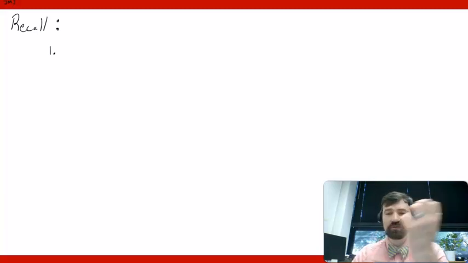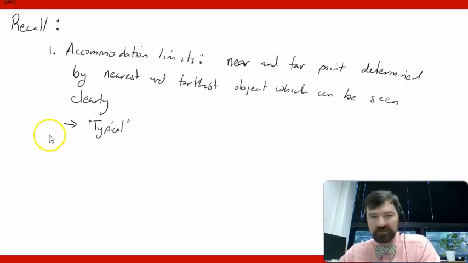So to do that, we can begin with a little review. Recall a few key points from the previous lecture about accommodation. First, accommodation gives you the range over which you can see.